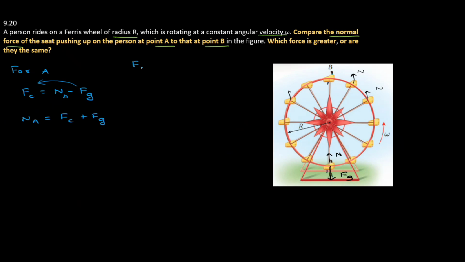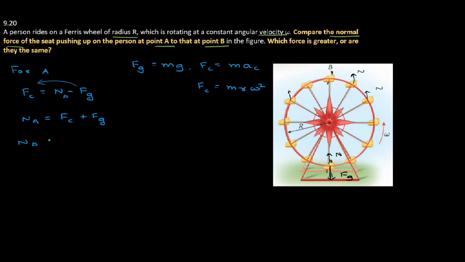Now the force due to gravity can be written as mass times acceleration due to gravity, and centripetal force Fc can be written as mass times centripetal acceleration ac. And since we are dealing with a Ferris wheel moving with constant angular velocity omega, this centripetal acceleration ac I can write as r omega squared. So substitute that here in our expression for Na.